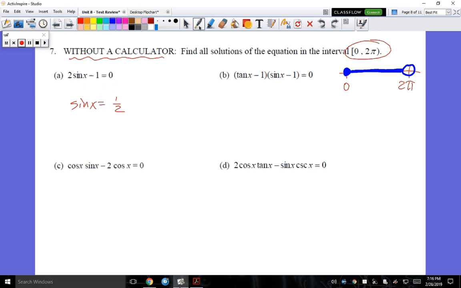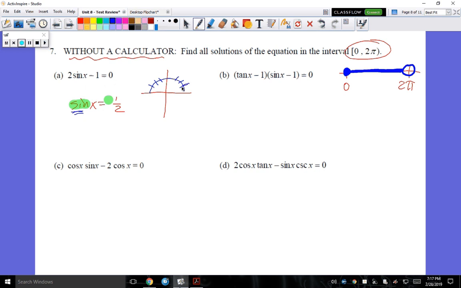So from here, I can draw the unit circle and think to myself, the sine is the y value, and because I'm looking for the y value that is positive, I know that I'm going to be in quadrants 1 and 2. So I need to find from these points that we learned from the unit circle, which one has a y value that is 1/2.